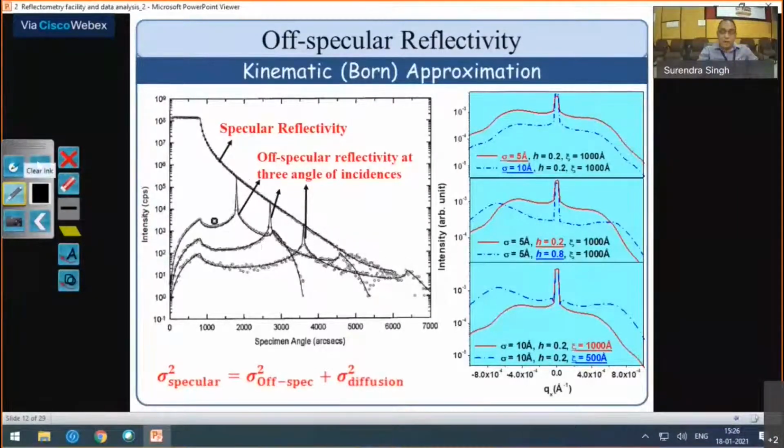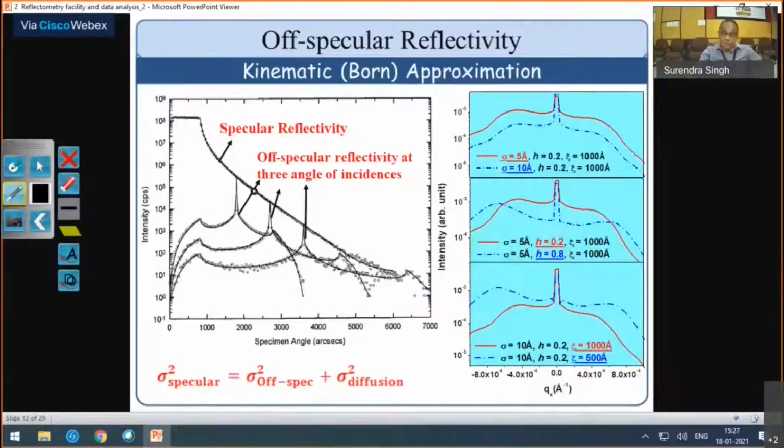And the complete thing, if you calculate and see how this reflectivity changes by changing these parameters. See the other parameters which we have got from specular reflectivity like density, layer thickness, roughness. Roughness is again a combined thing in the specular reflectivity.